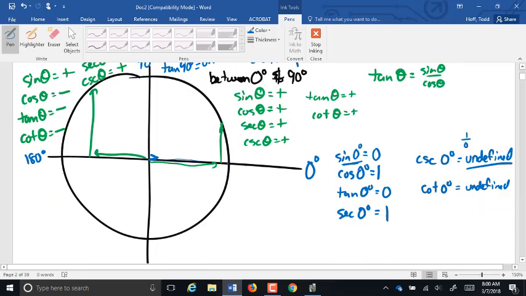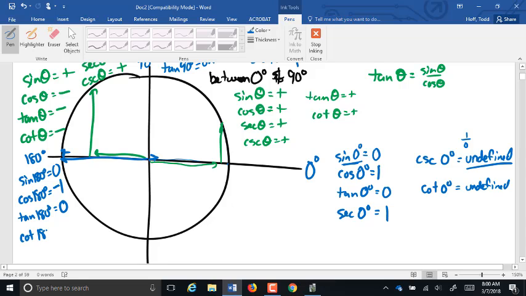At 180 degrees, sine of 180 degrees is, your vertical distance would be nothing, right? Cosine of 180 degrees would be negative 1. Tangent of 180 degrees is 0. 0 over negative 1 is 0.